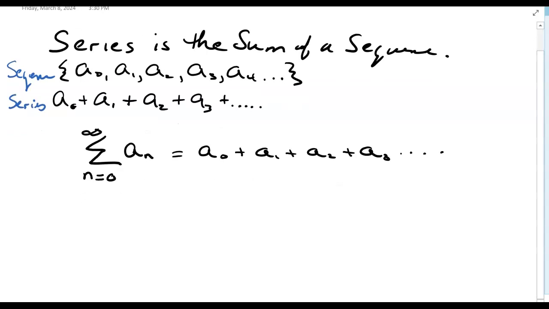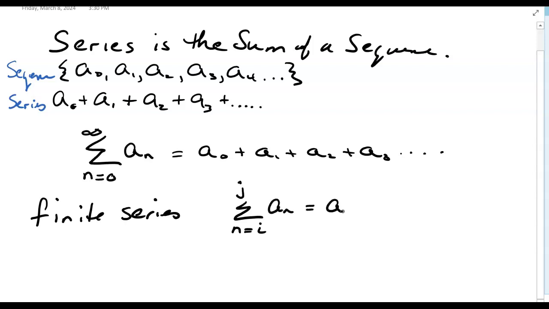Now, again, we will be focusing on infinite series, but for a finite series, the n value will have a starting point, whatever that may be, and an actual ending point. So it will be a sub i plus a sub i+1 plus a sub i+2, dot dot dot, plus a sub j minus 1 plus a sub j, ending with a sub j.